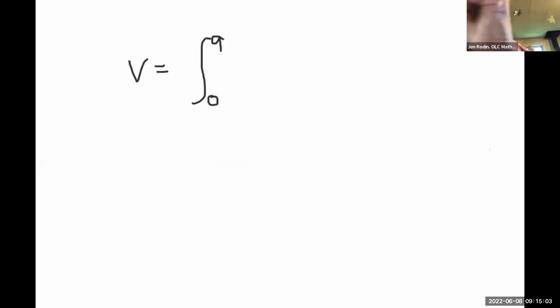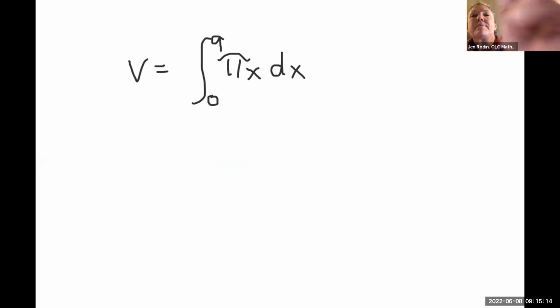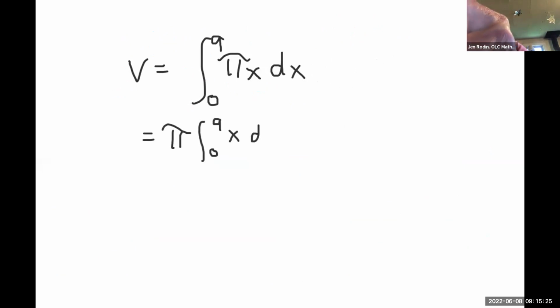From 0 to 9, pi times square root of x squared is just going to be pi x dx. That's it. Then we can take the pi out to the front because it's a constant, 0 to 9 of x dx.